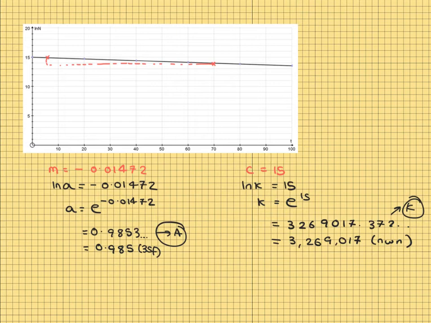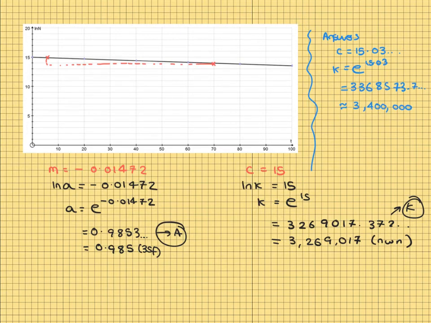This is because, and I'll just do a little aside here, in the answers, they have found their C value to be around about probably 15.03, and then when they work out K, so K equals e to the power of 15.03, they get a K value which is 3368573.7... which they have rounded to 3,400,000, which is where that answer comes from.